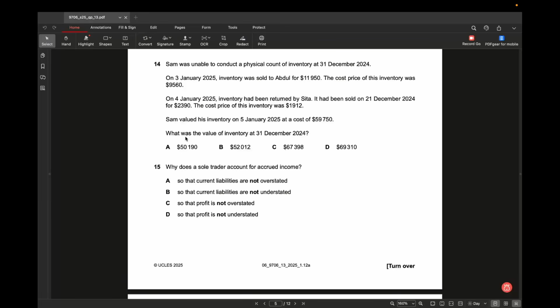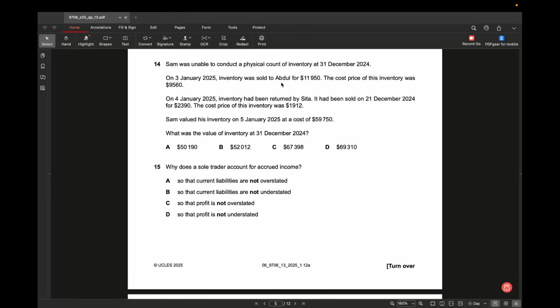Now question is, what was the value of inventory at 31st December 2024? A very simple approach. Now if we calculate the value of inventory on 31st December, we would not know that Sita would return the product to us, okay, and we would not know that we will sell goods to Abdul as well.